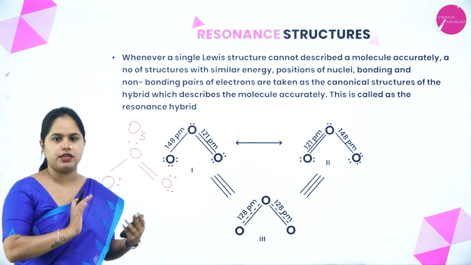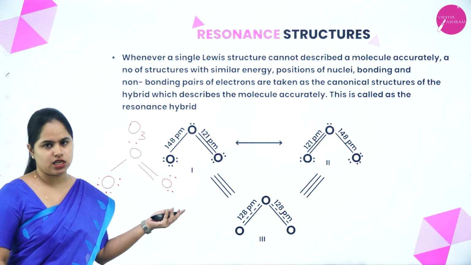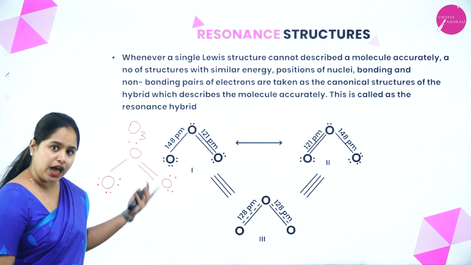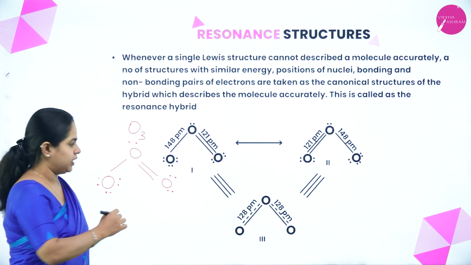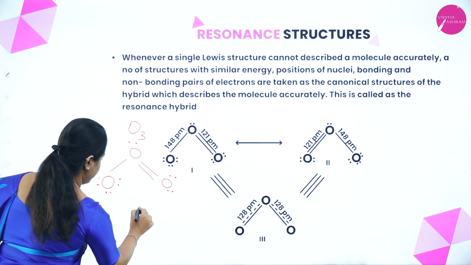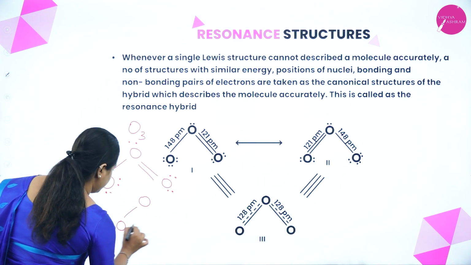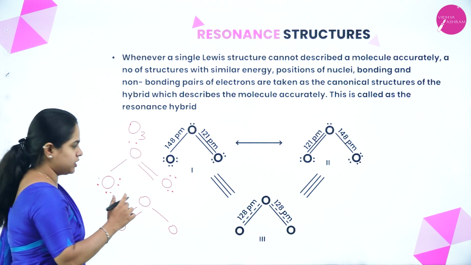So let's keep aside the formal charge for now. As you can see, this is one structure that is possible, right? In the same way, can I shift this double bond here? If I write the double bond here instead, the structure becomes like this now, okay? But the number of lone pairs will change, right?